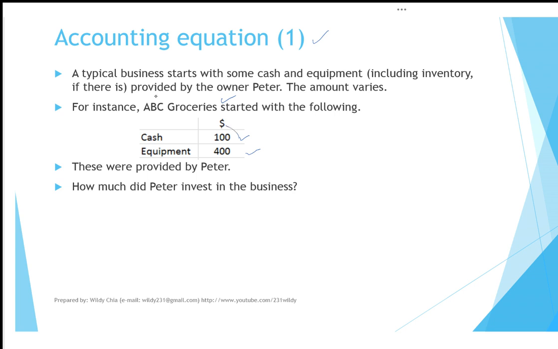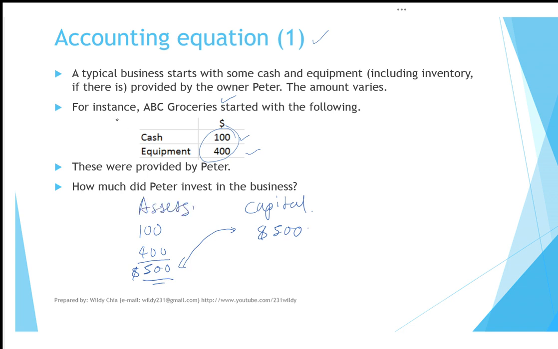Now, you have realized that, hey, that gives Peter a total of $500 worth of cash and equipment put into use in the business. Since this is from Peter, we say that the capital provided by Peter is 500. So what did Peter provide? Peter provided assets. What are assets?